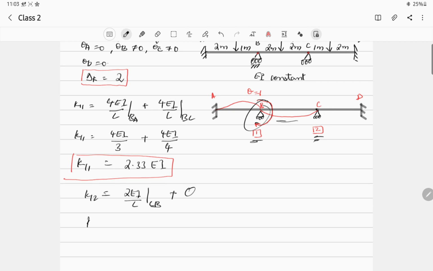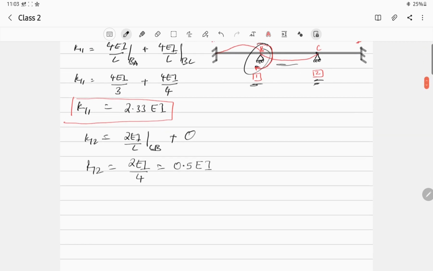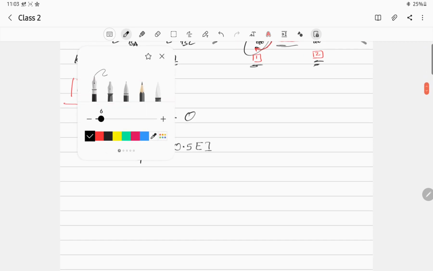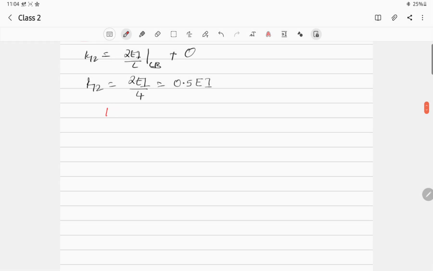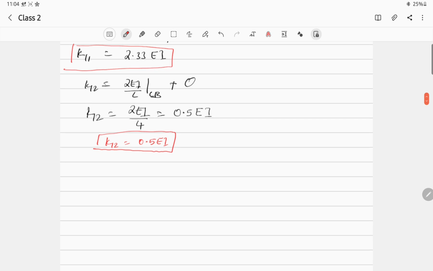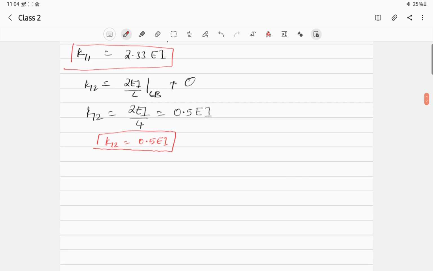So K12 is equal to 2EI by 4, which is equal to 0.5 EI. Here I'll write K12 is equal to 0.5 EI.